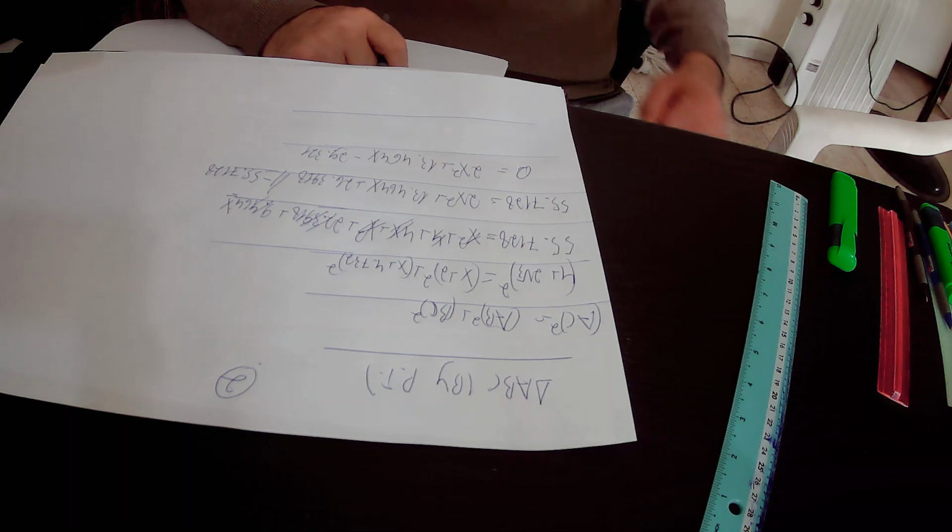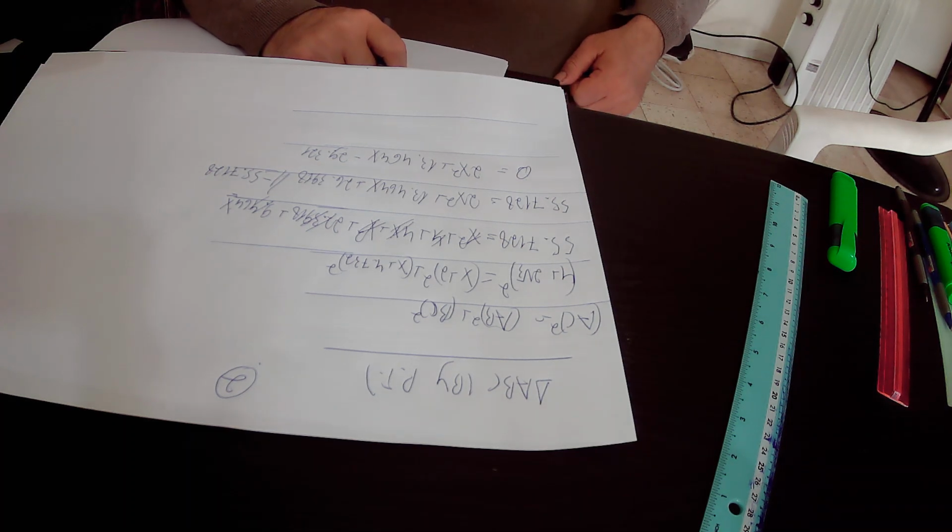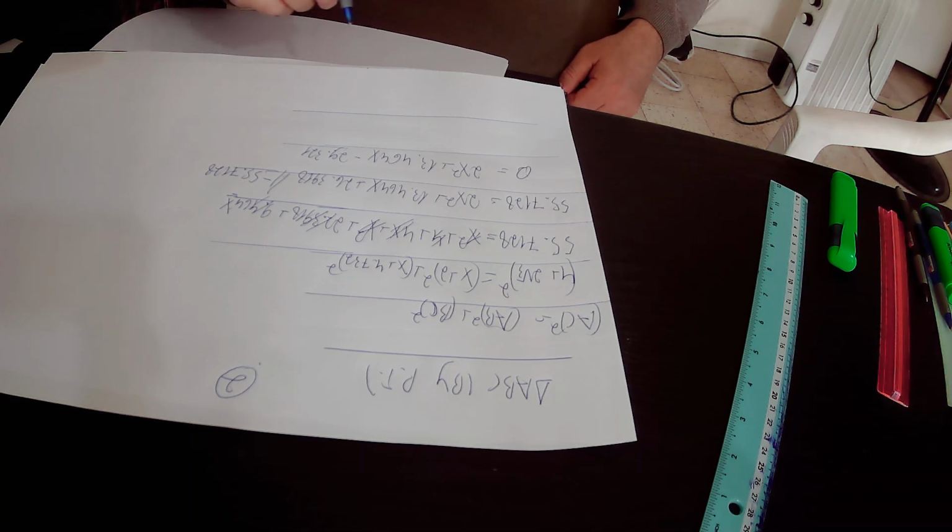In conclusion, we found out that 0 equals 2x squared plus 13.464x minus 29.321.